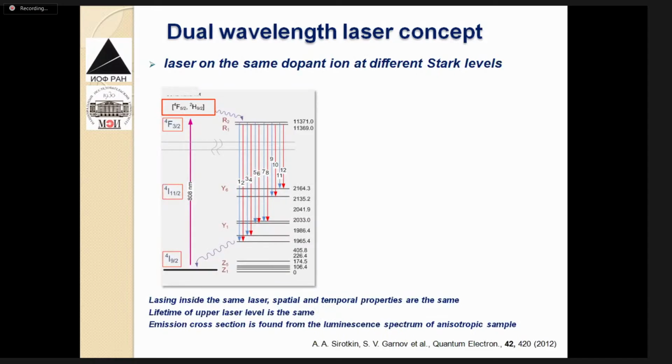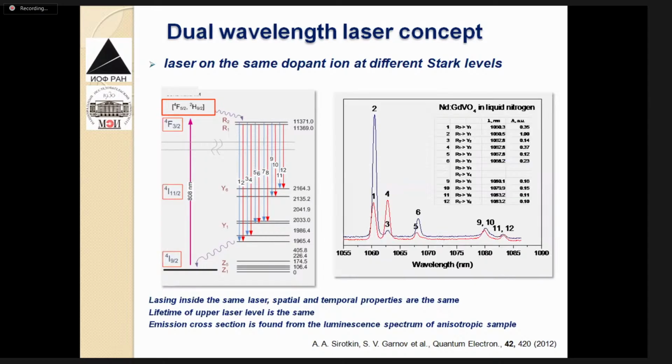Also, there were some publications on oscillation with small wavelength difference, for example when you obtain radiation in the same energy transition, but at different Stark levels.